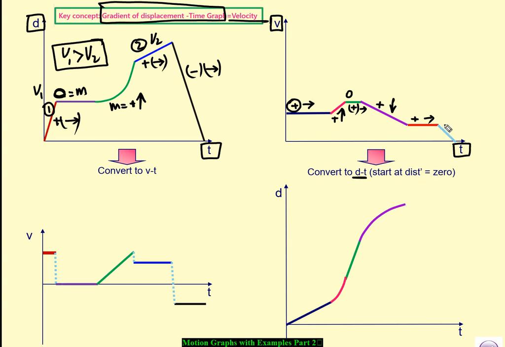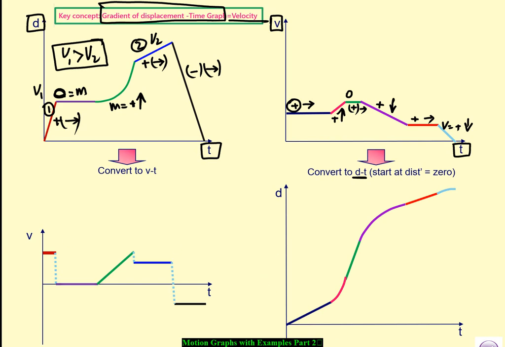And the last part, velocity is still positive and velocity is decreasing. So based on this, we can sketch the next two parts. So this is how we can sketch. I hope now you have a very good understanding of how to convert displacement time graph into velocity time graph and how to convert velocity time graph into displacement time graph.